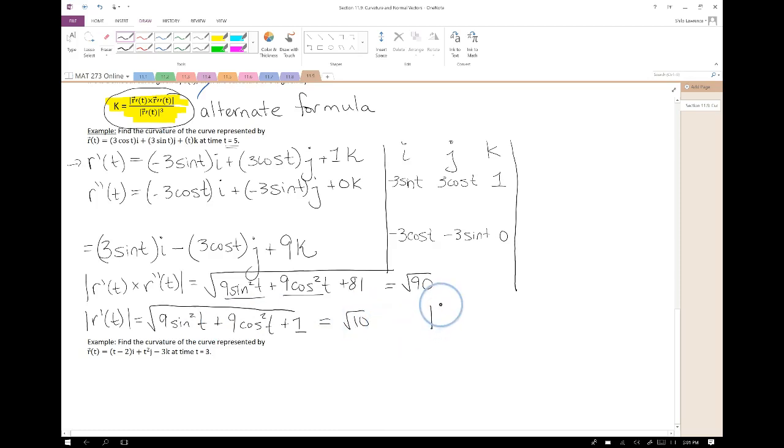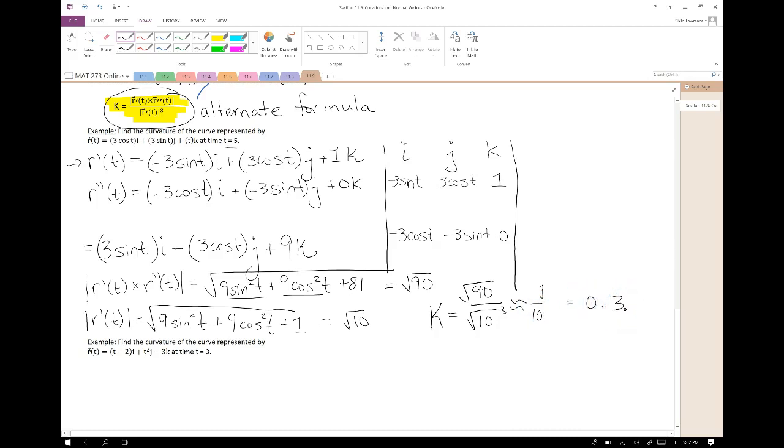That means our curvature is the square root of 90. And don't forget, in the denominator, you're cubing the magnitude of r prime. So this is over the square root of 10 cubed, which comes out to be 3/10, which we can write either as a decimal or a fraction.